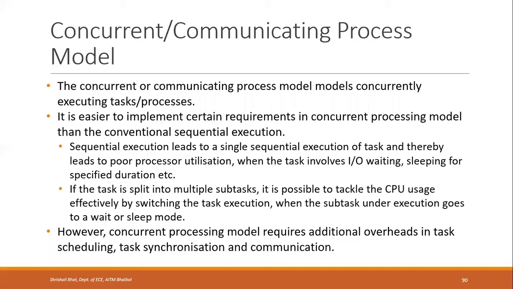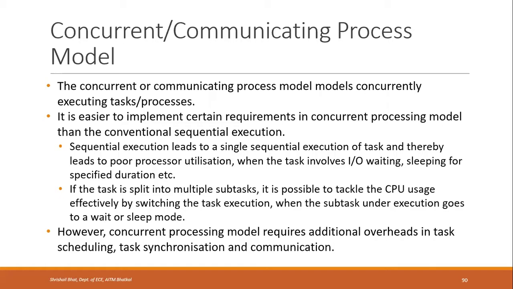That's why, if you split the task into multiple subtasks and execute them concurrently, simultaneously, it is possible to tackle the CPU usage by switching the task execution. Whenever a subtask goes into sleep mode or wait state, you can switch to another task.